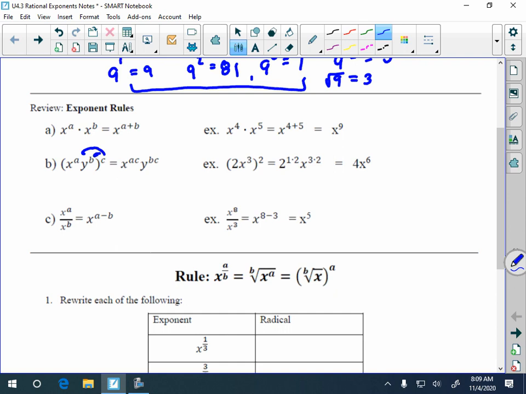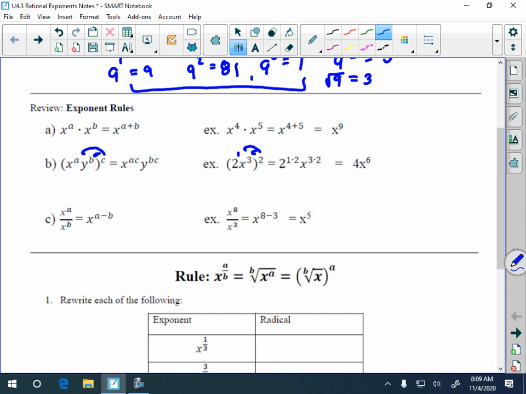Now with some numbers, 2x to the 3rd all raised to the 2nd power: since the 2 on the inside has an exponent of 1, the 2 on the outside gets distributed and multiplied to all the exponents. Then you multiply that out, and you get 4x to the 6th power.